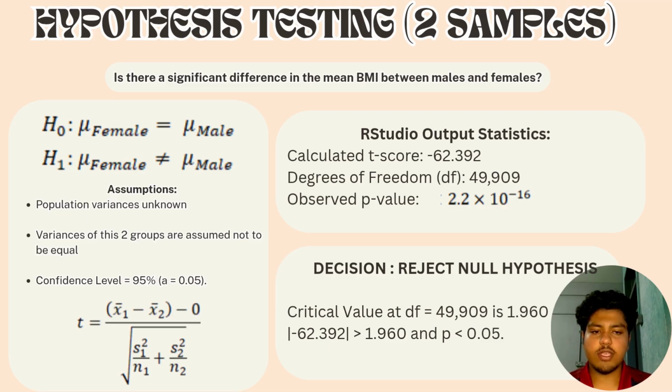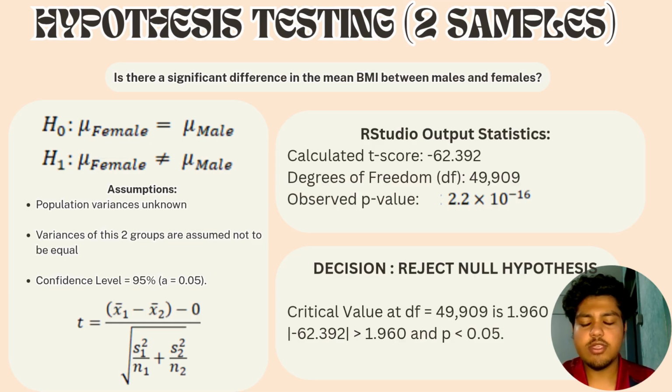You can also see our structural formula. We formally subtract 0 in the numerator to represent our null hypothesis condition. We chose this t formula because our variances are assumed not to be equal. So that's why we chose this t formula.